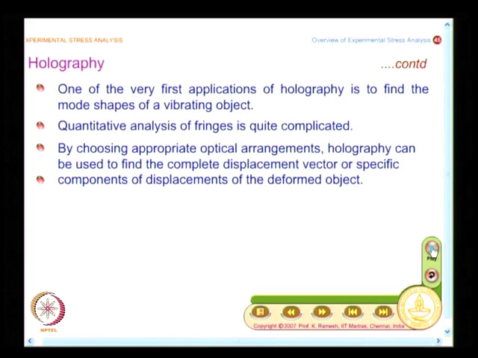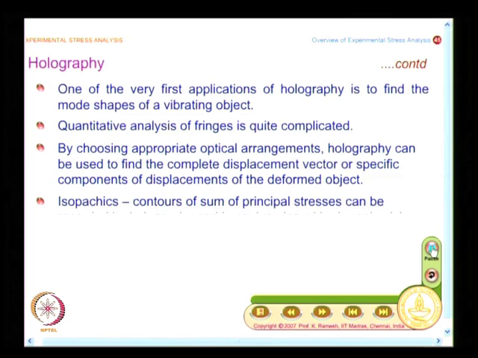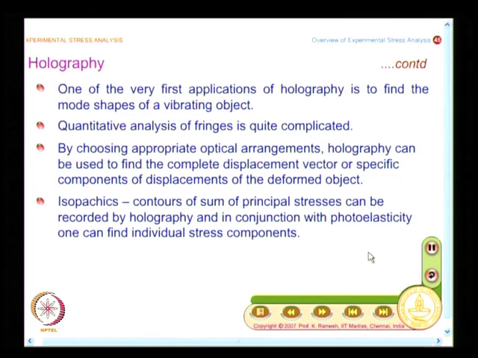And what we have also looked at is how some of these techniques can be combined. We have looked at brittle coating can be combined with strain gauges, so that I get information on the entire surface and also detailed precise information in regions of interest. On similar lines, I can use a variation of holography.